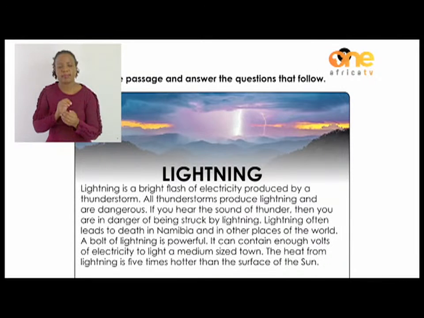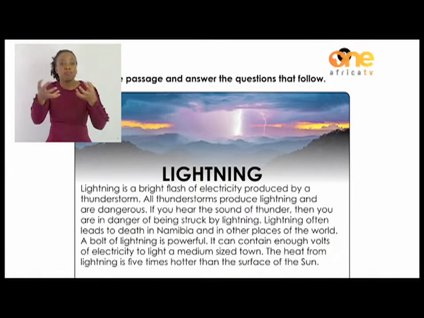Right. Read the passage and answer. Are you familiar with lightning? Lightning is a bright flash of electricity produced by a thunderstorm. If you hear the sound of thunder, then you are in danger of being struck by lightning.